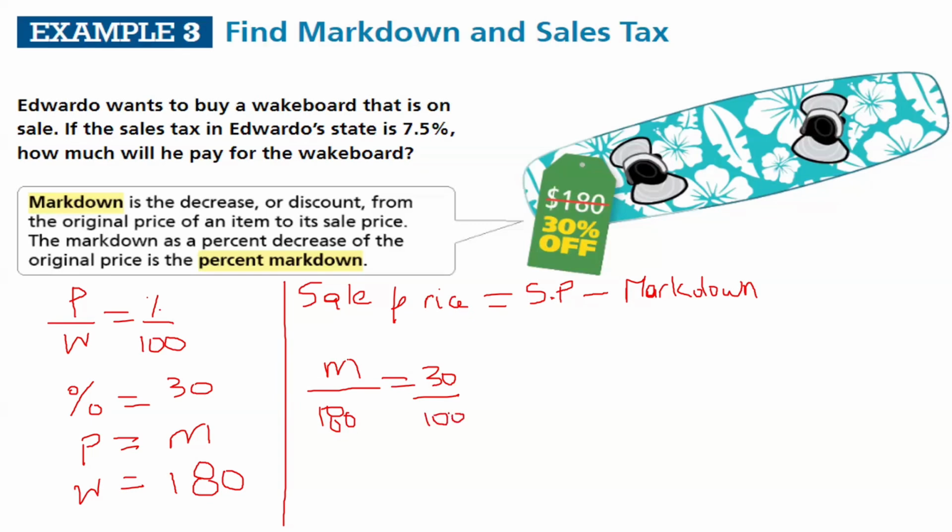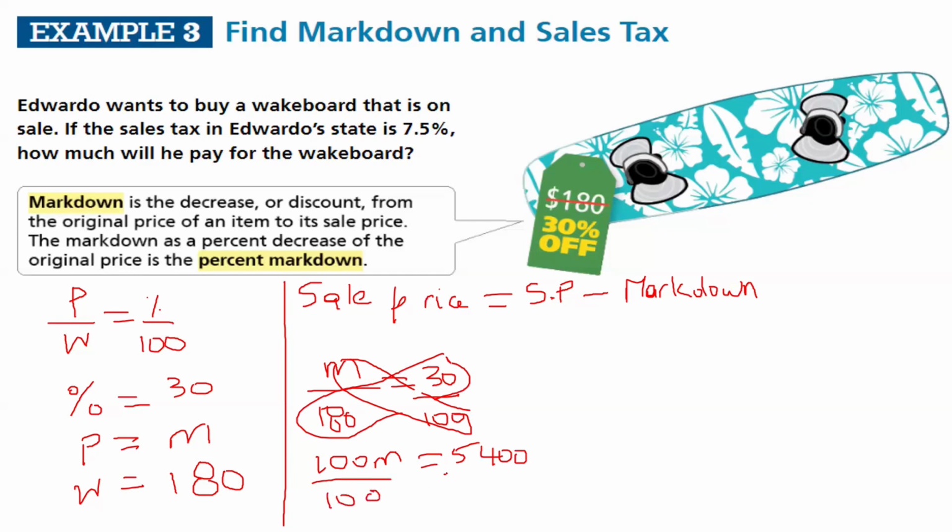Now that I have my proportion, I'm going to cross multiply. So M times 100 is 100M, and 30 times 180 is going to be equal to 5,400. Now I'm down to an equation. I'm going to isolate the variable by dividing both sides by 100.